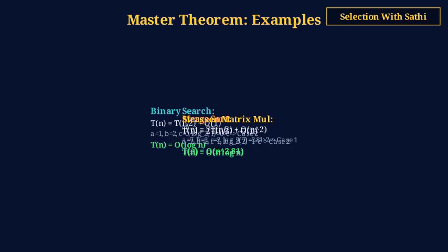Sum is 3. Crossing sum is 3 plus 3 equals 6. The maximum is max of 4, 4, 6, which is 6. The answer is 6 from the subarray 4, -1, 2, 1. This divide and conquer approach is O of n log n.